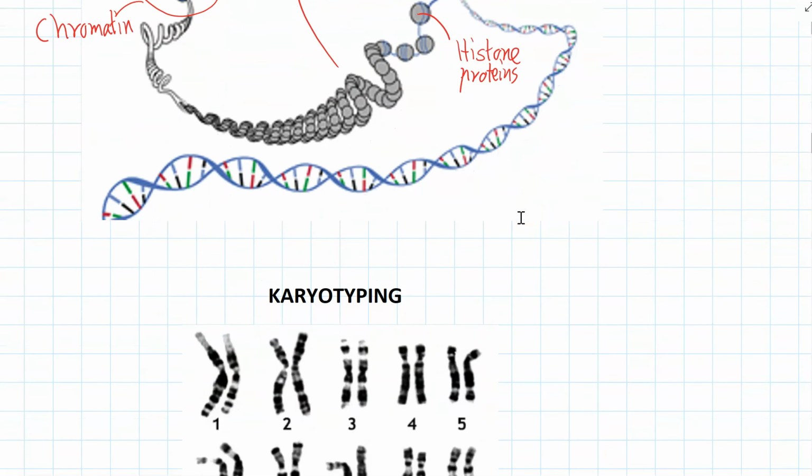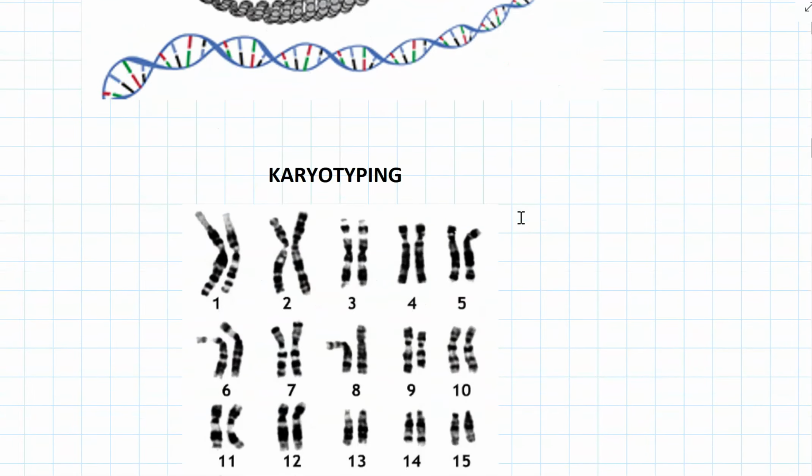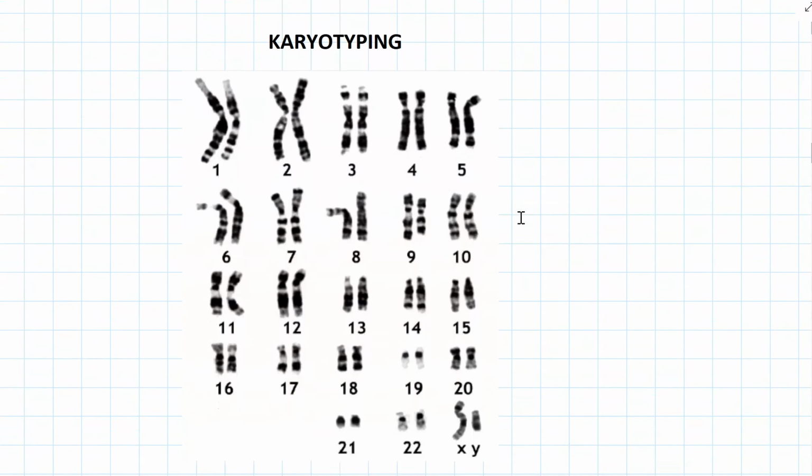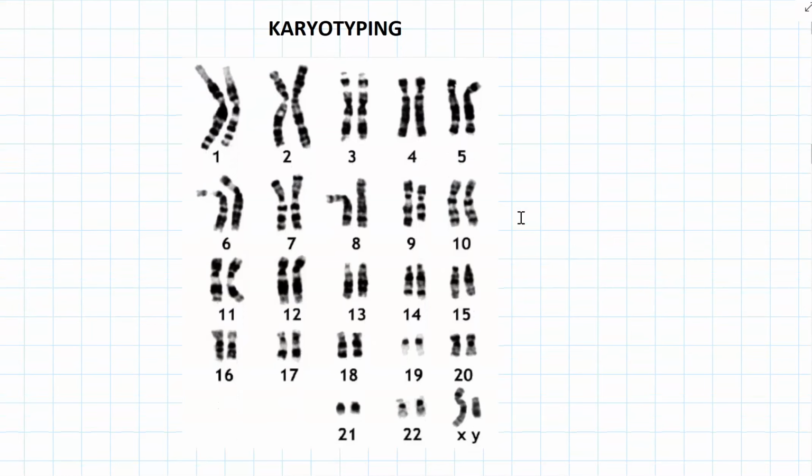Alright, well, how do scientists actually look at chromosomes? Well, they do this process called karyotyping. We've all seen these before. This is a karyogram. So once the scientist has done karyotyping, that means they've stained the chromosomes inside one cell, and then they've taken a digital picture of it, and then they've edited the picture so that all the chromosomes are paired up in their pairs from biggest to smallest.